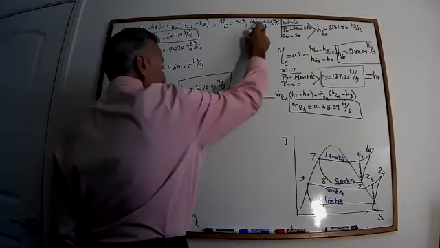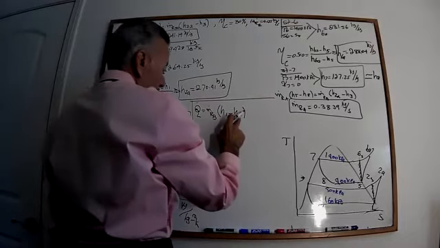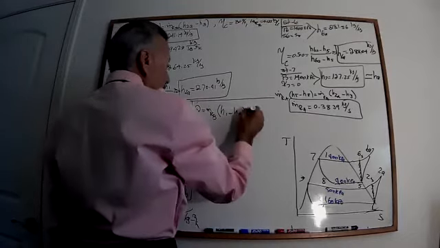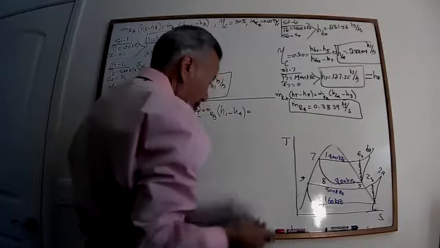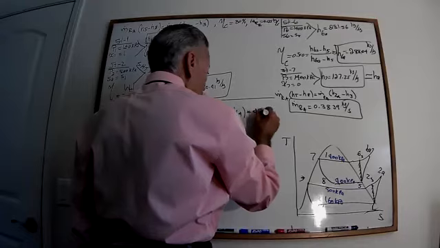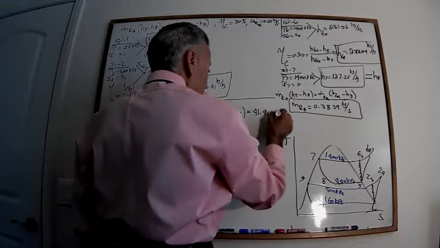This is 0.25, H1 and H4 are calculated. This, if I do it correctly, should be 41.96 kilowatt.